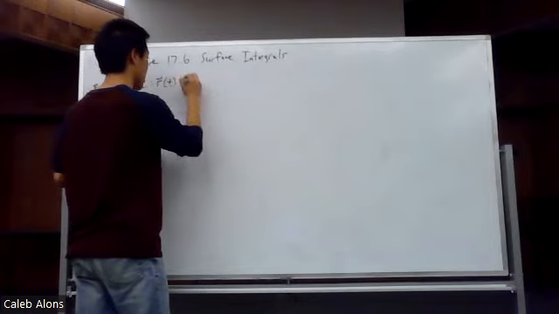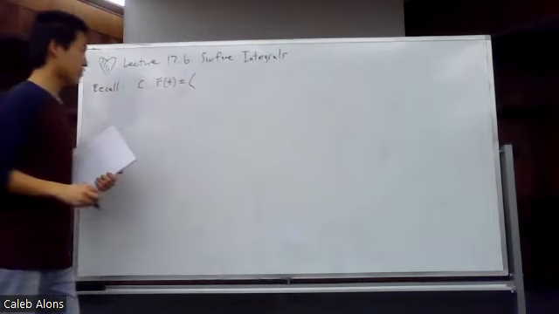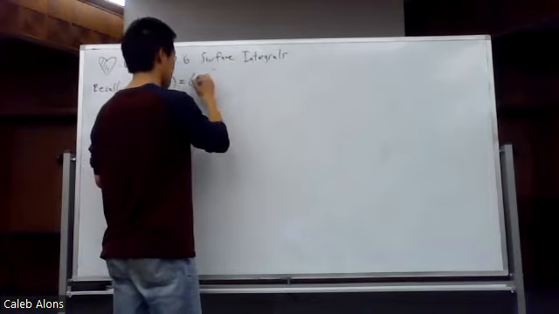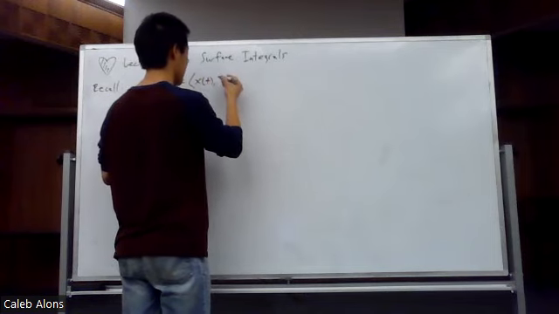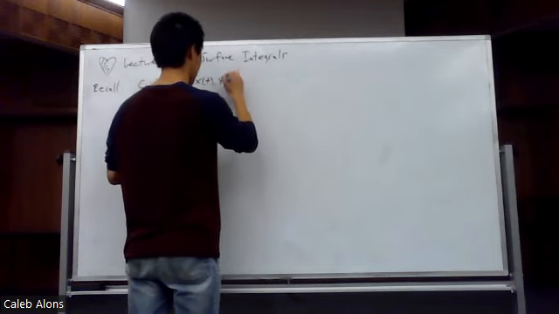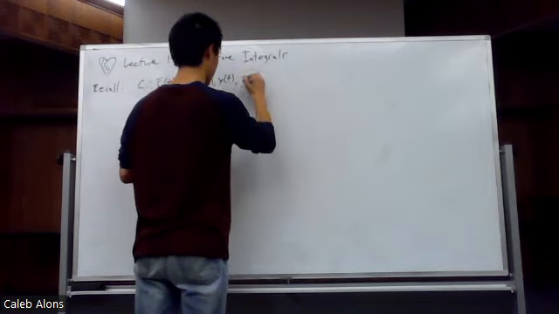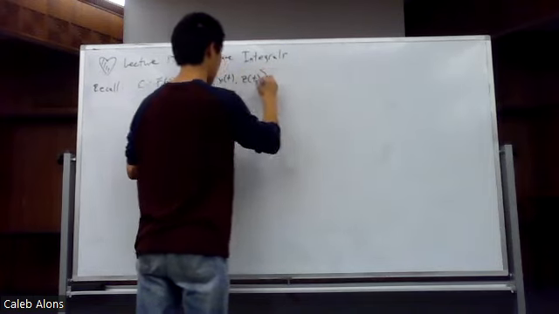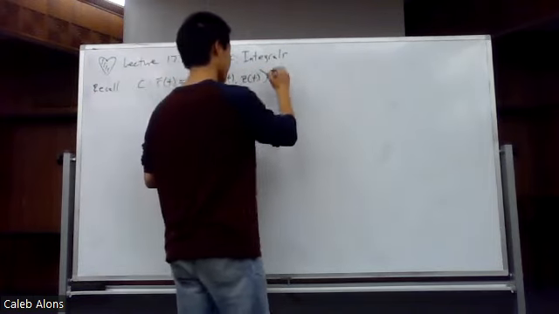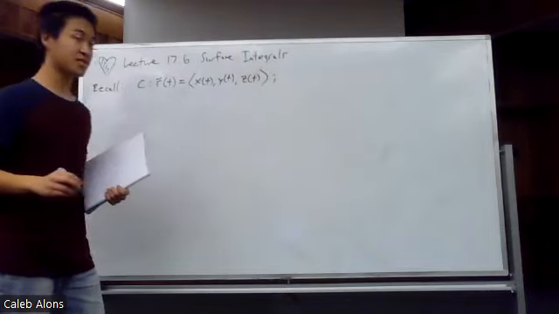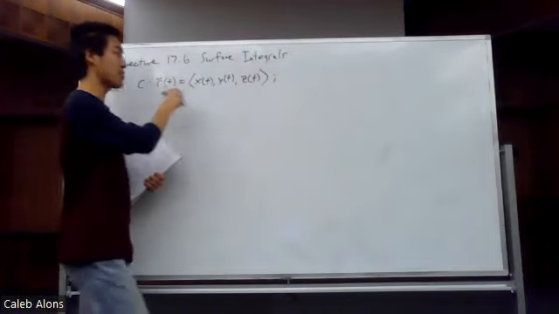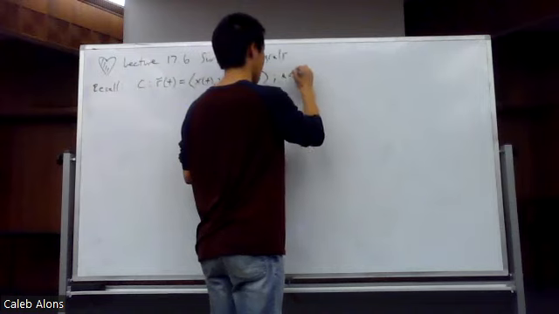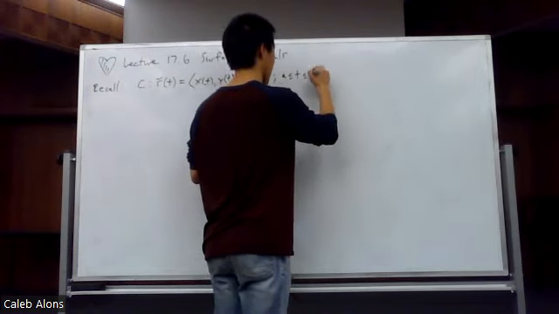Essentially, this is a parameterized curve. The x component is a function of the parameter t. The y component also varies with the parameter, and the z component, if you have it, varies with the parameter. The curve is going to start and stop basically when we start and stop the parameter.